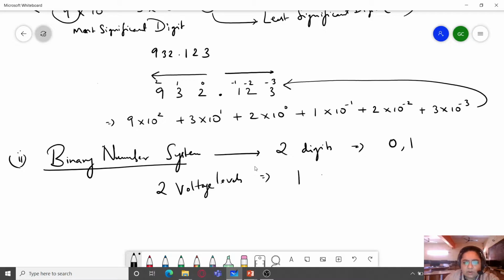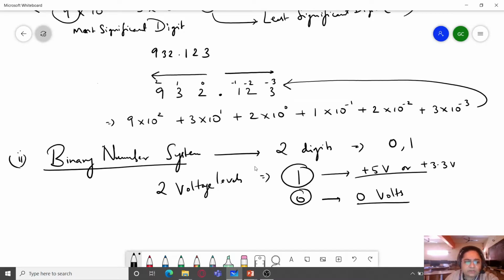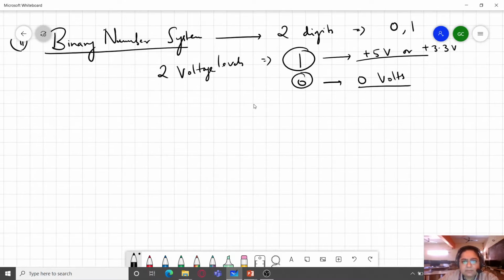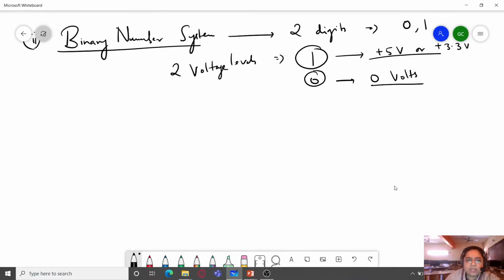For 1, normally a voltage level of plus 5 volts or plus 3.3 volts is used, and for 0 it is 0 volts. So you can see that only two voltage levels are used for representing each of the digits of the binary number system. So the binary number system, that is why, is very convenient for all digital systems.